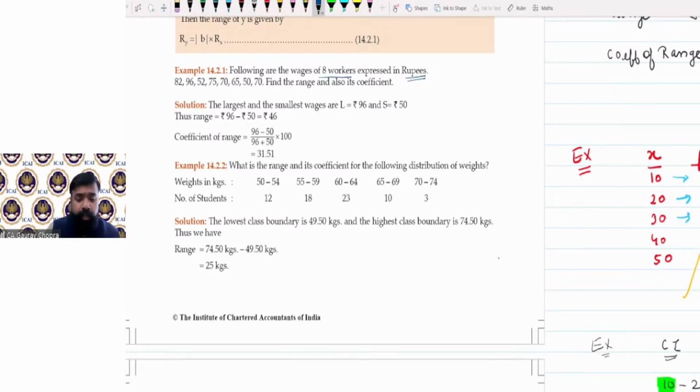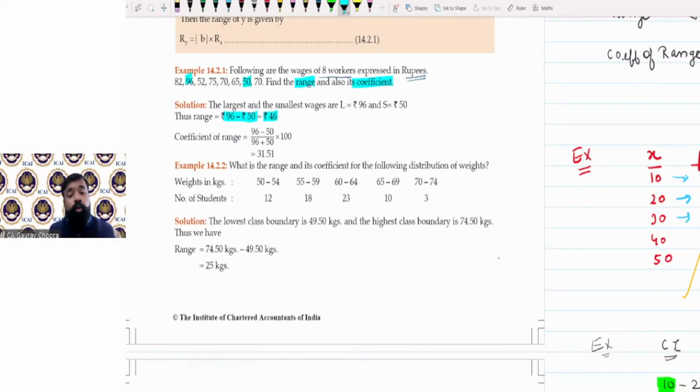Find the range and its coefficient. So what will be the range? Highest value and lowest value. You can see the highest value is 96. Lowest value is how much? 50. Therefore, the range will be 96 minus 50, that is 46 rupees.